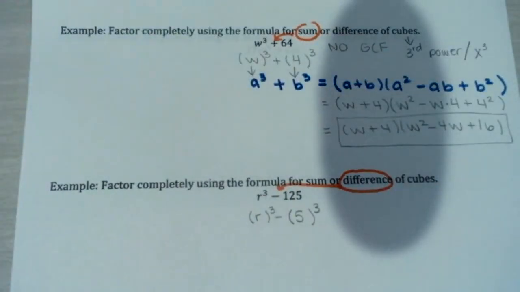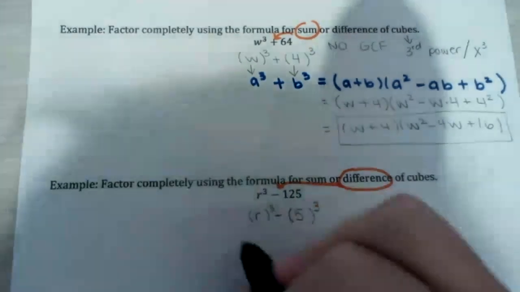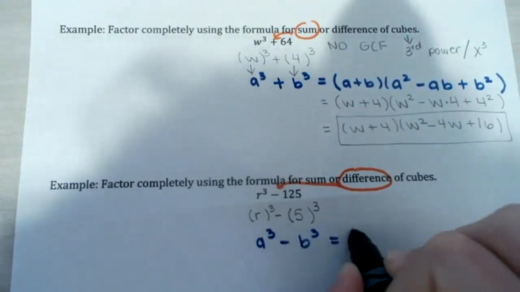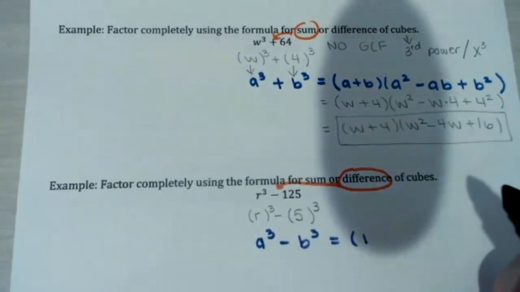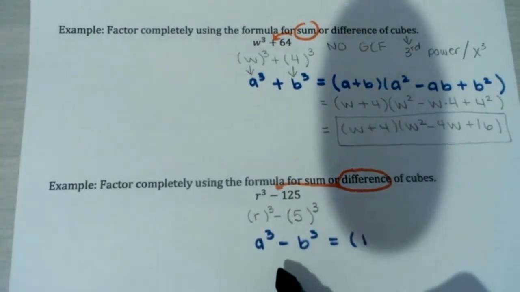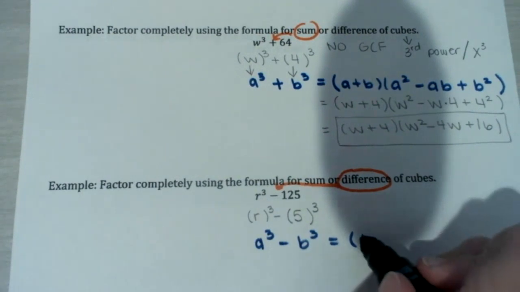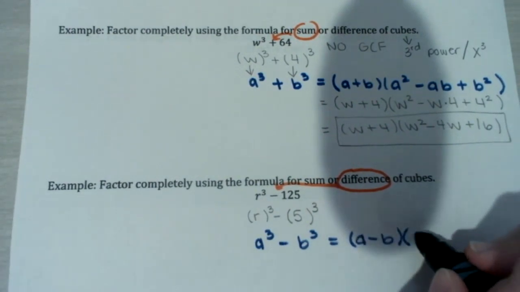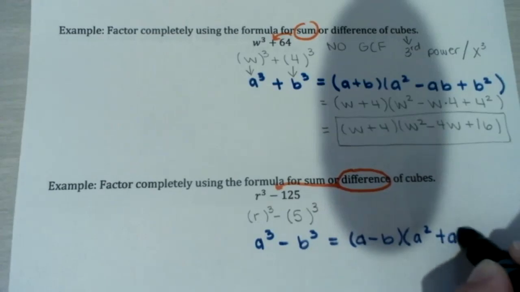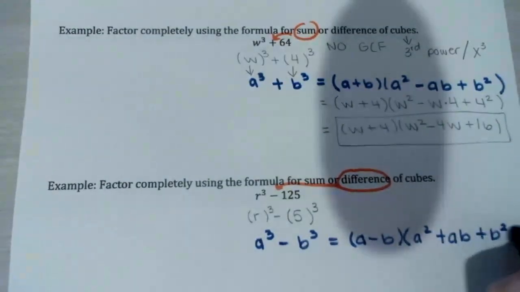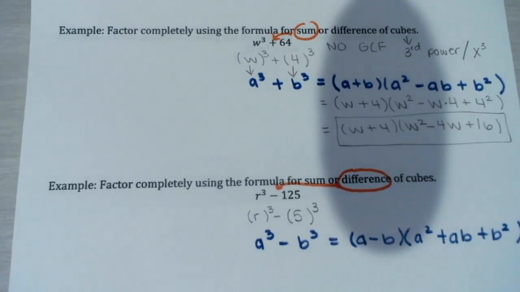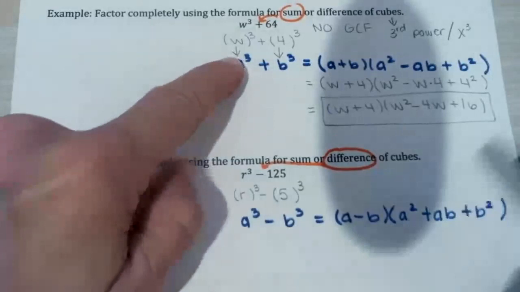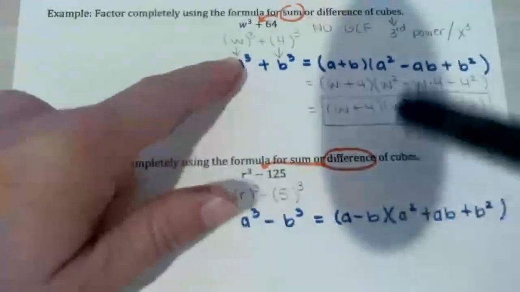All right, so now we have our difference of cubes formula. It's the same concept: a cubed minus b cubed. We get a minus b times a squared plus ab plus b squared. I wanted to put these together because they're the same exact formulas, just different signs.